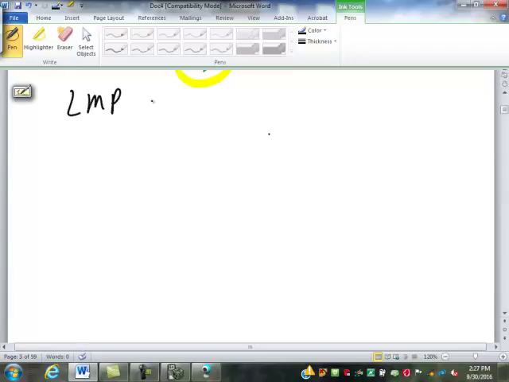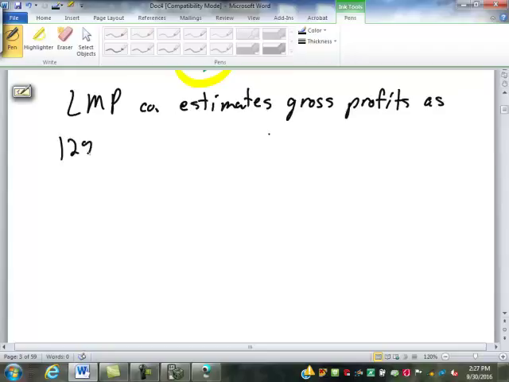Say LMP company estimates gross profits as 12% of net sales.